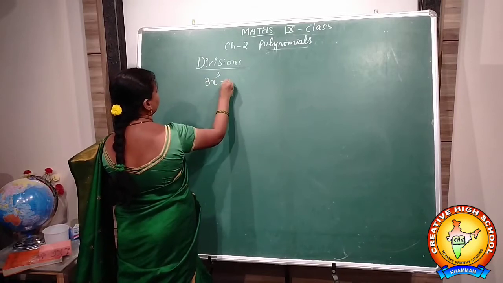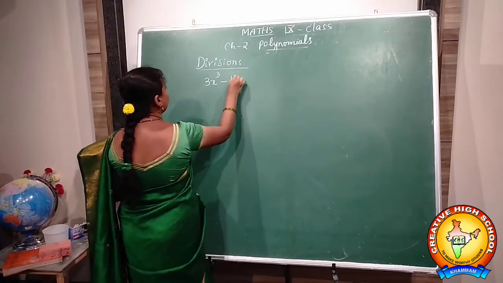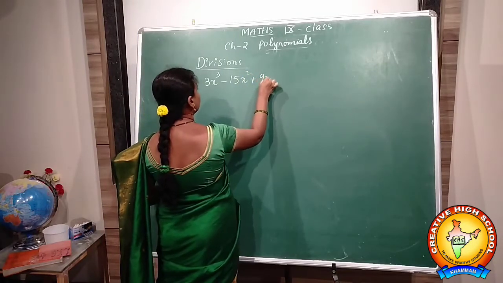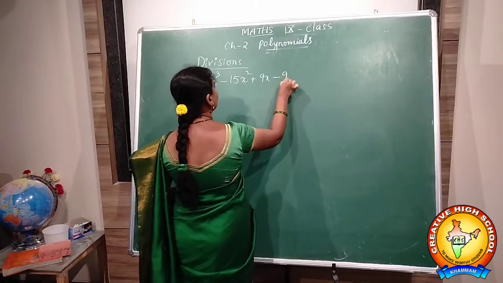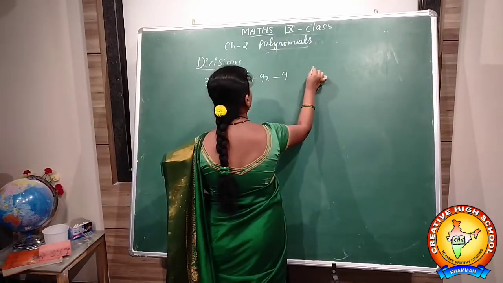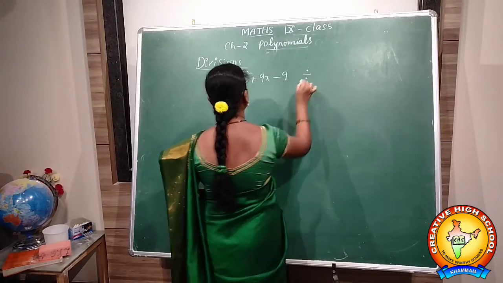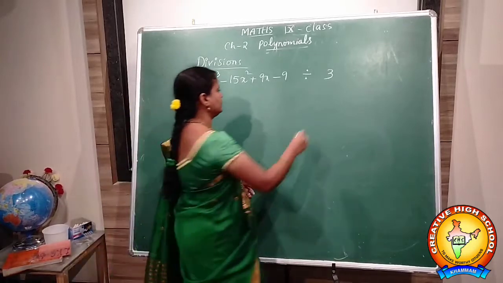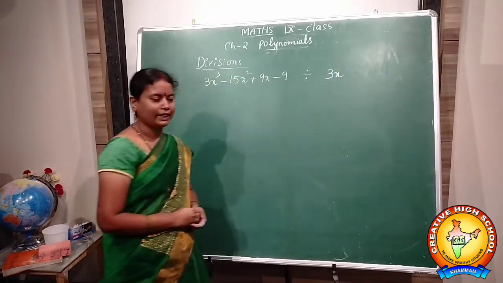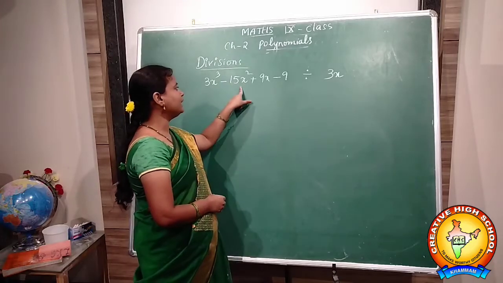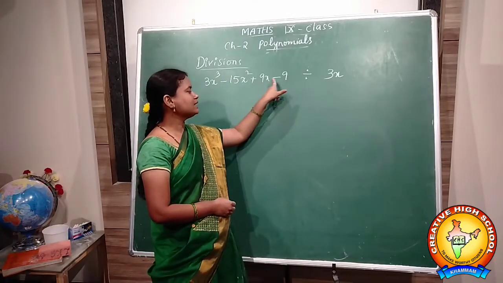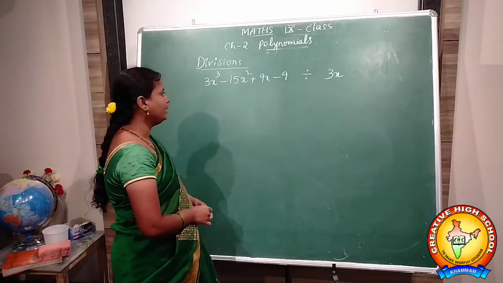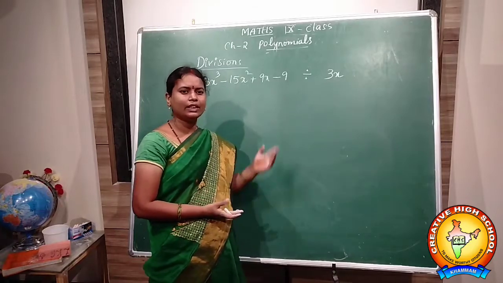3x cubed minus 15x square plus 9x minus 9 is divided by 3x. We are going to divide 3x cubed minus 15x square plus 9x minus 9 with 3x. How can we divide? We have to divide individually each term.